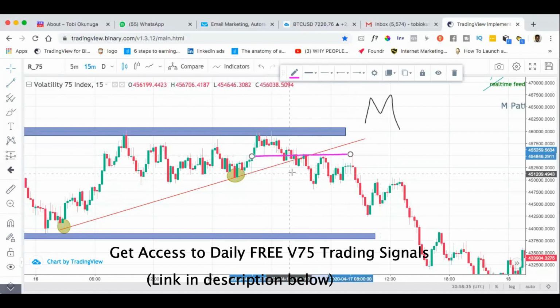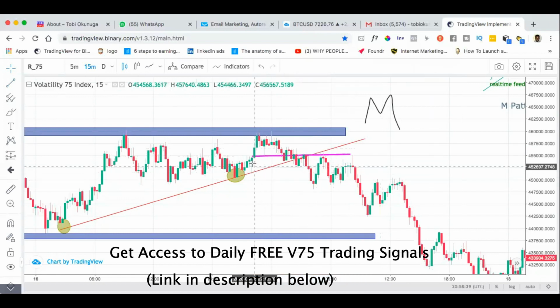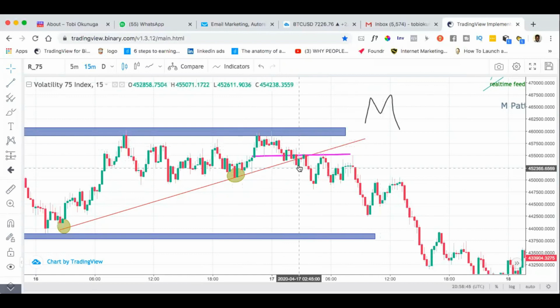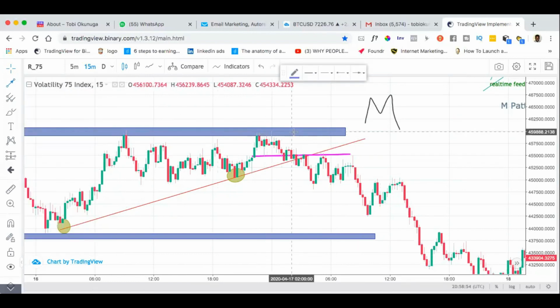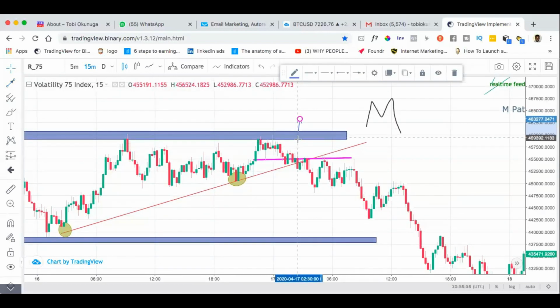I'm waiting for the break of the trend line, right? So with this M pattern here, there was a break of the trend line over here, and I'm waiting for a retest. This candle is the break of the trend line, but I will not enter on this candle.